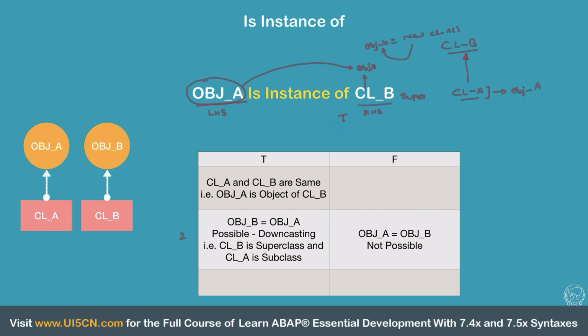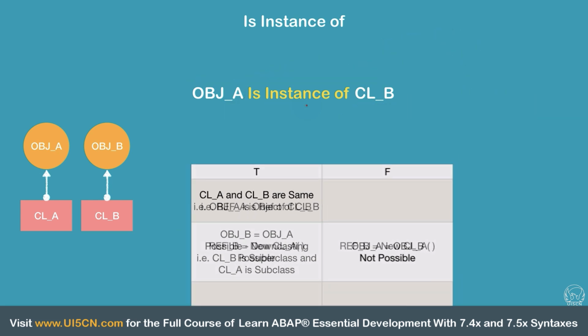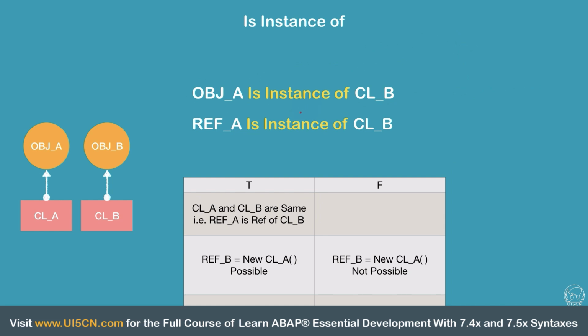And it will give false if downcasting is not possible. So that is the reason why IS INSTANCE OF is used in ABAP code, which we will also see in many examples. And you can do the same thing with a reference.